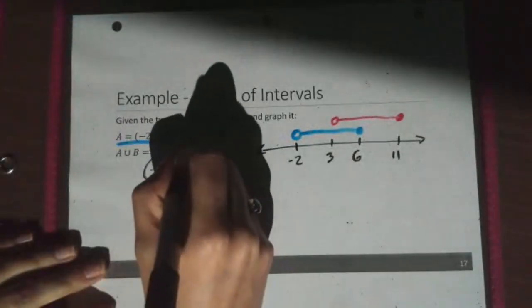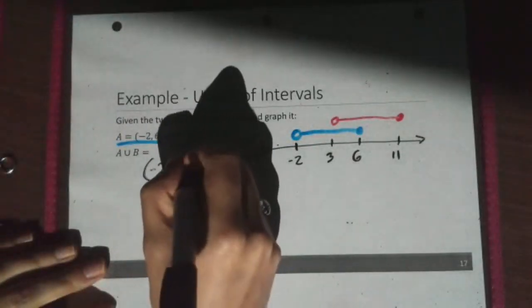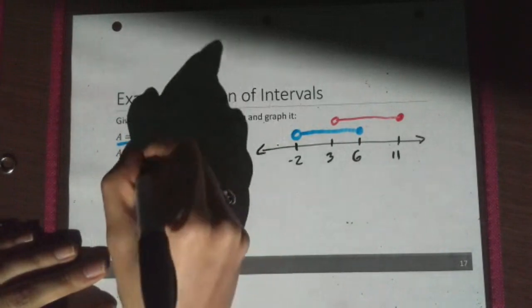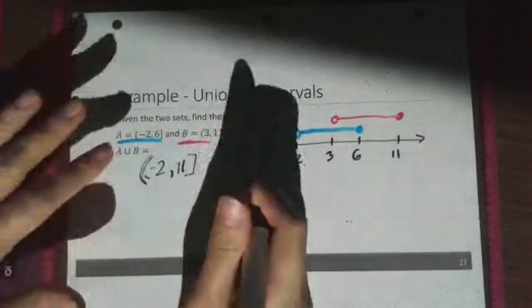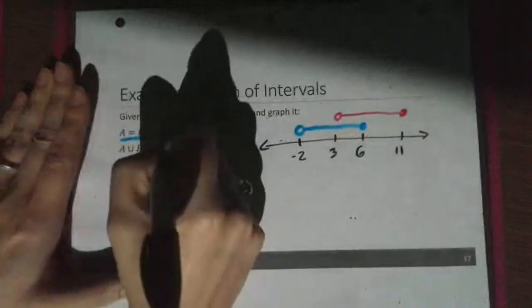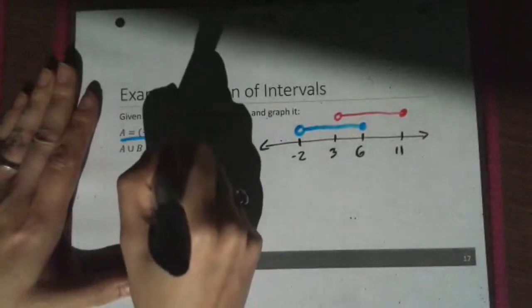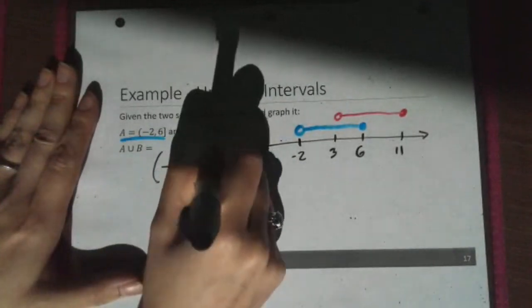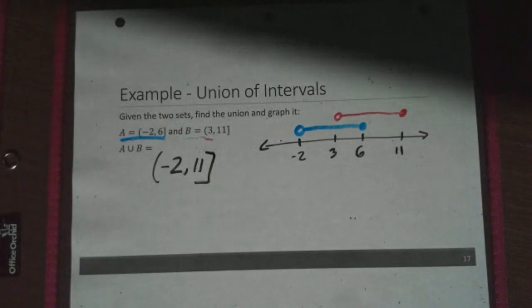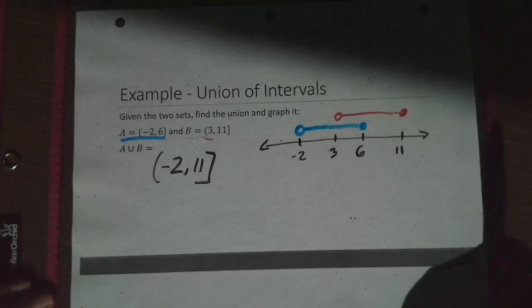So 11 is going to be our right endpoint, and because it's a closed circle, we will get a square bracket. So we would write this as -2 to 11. Any number between -2 and 11, including 11, is in this union.